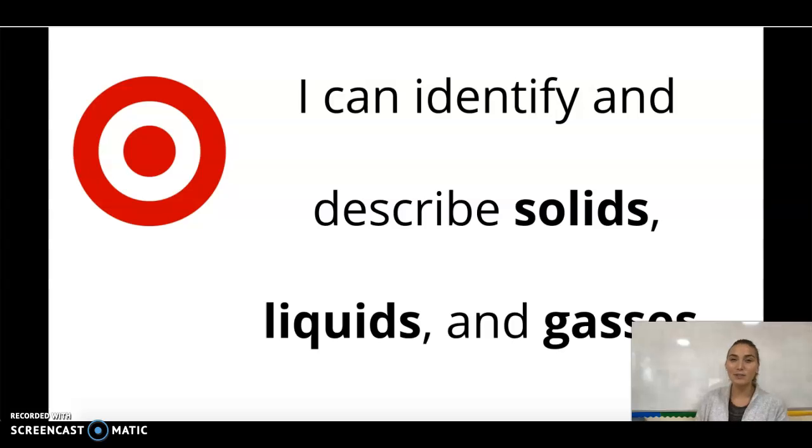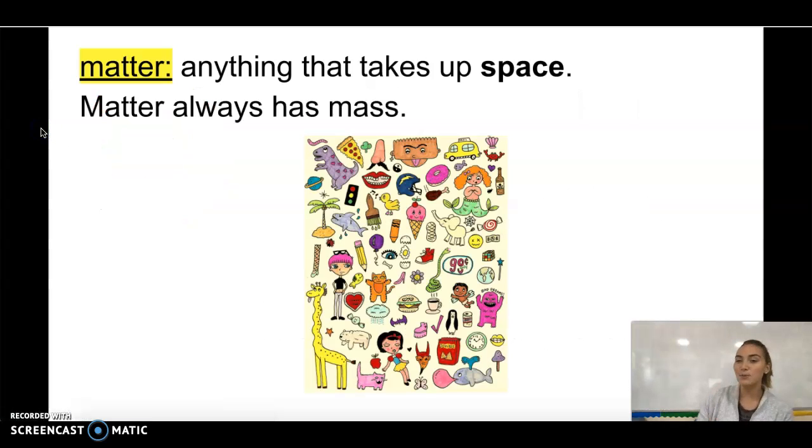Our target skill for today is I can identify and describe solids, liquids, and gases. Boys and girls, these are all different types of matter. Well, if we reach back into our brains from yesterday, we'll remember that matter is anything that takes up space.